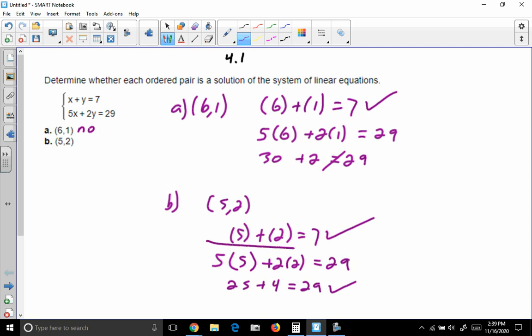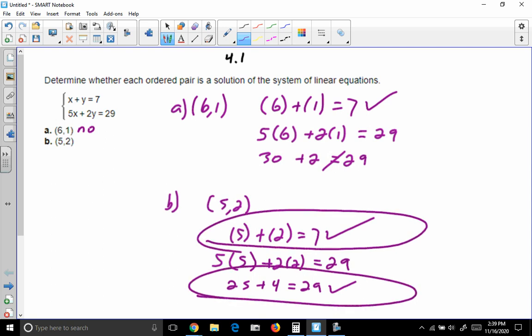So since that ordered pair works in both equations, yes, that point is a solution to this system of equations. So that's how we determine if a point is a solution to a system or not. Does it work for all included equations?